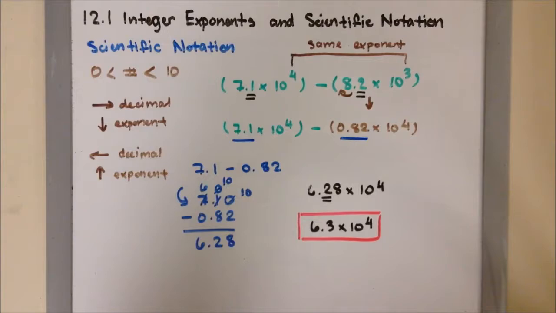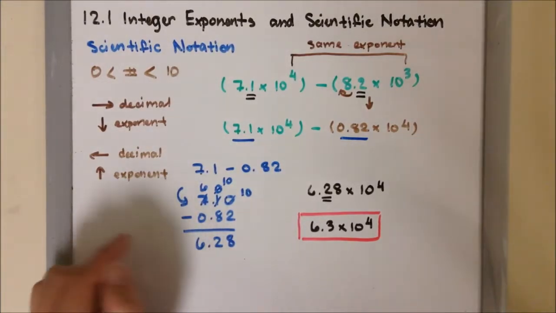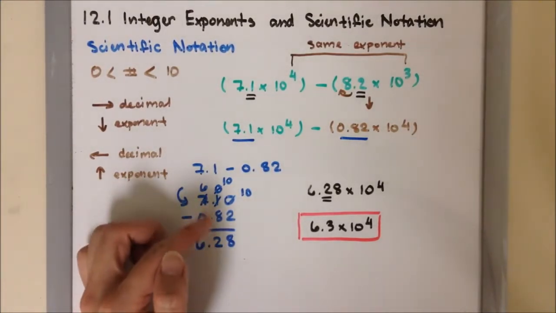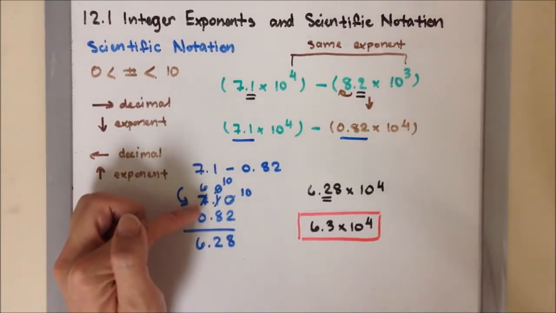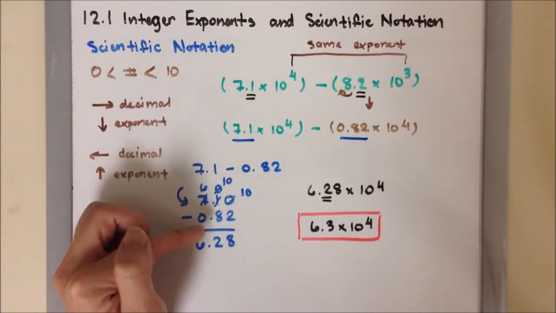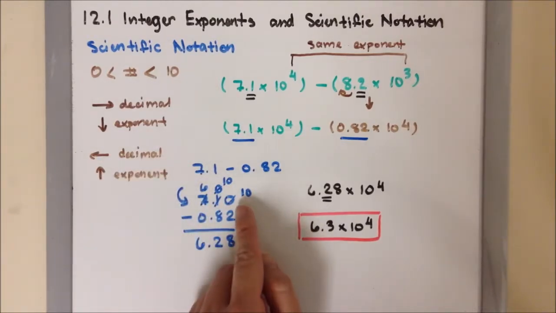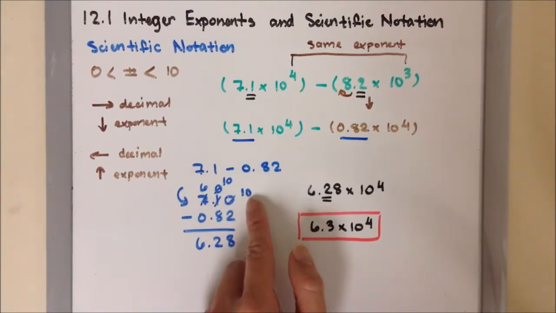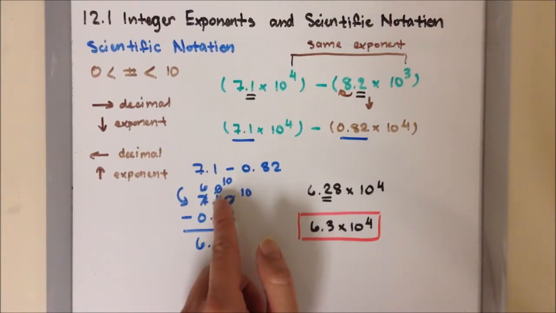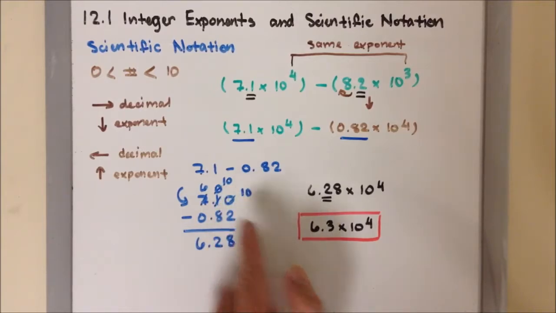Now the one thing you have to watch out for is when you're subtracting, after you line up your decimal, if you don't have all your numbers lined up, meaning for example I had 7.1 with the 0.82, I added a 0, and when I'm subtracting 0 minus 2, I change that 0 to a 10, and I take 1 away from the place in front of it, so I change the 1 into a 0.